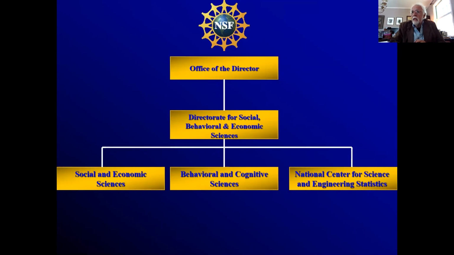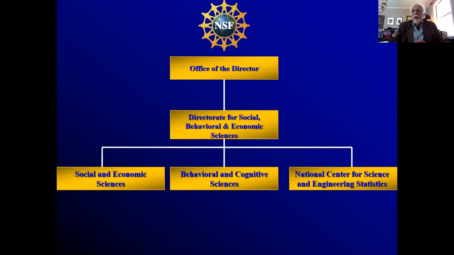For SBE, there are 3 divisions: social and economic sciences, behavioral and cognitive sciences, and a different division that's different from anything else at the National Science Foundation. That is the National Center for Science and Engineering Statistics.